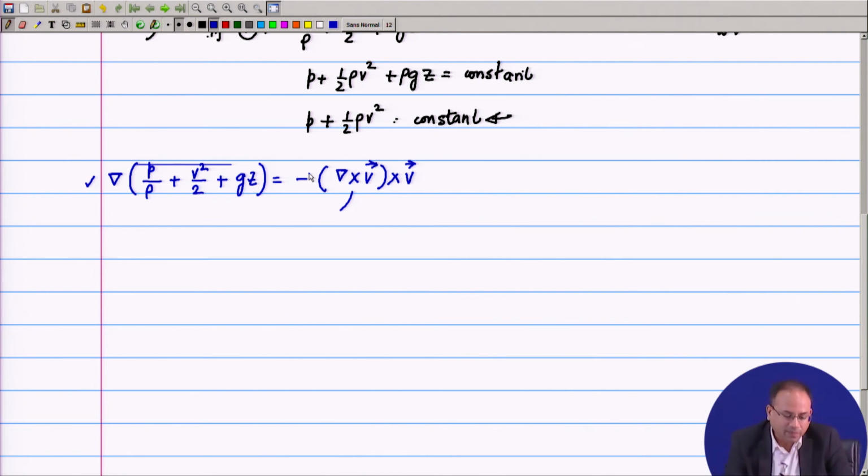So, although in this case the gradient is not equal to 0, in the special case, you now have a gradient vector, some i, some j, some k vector.